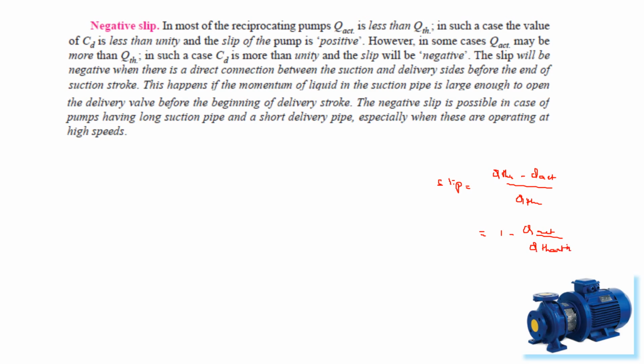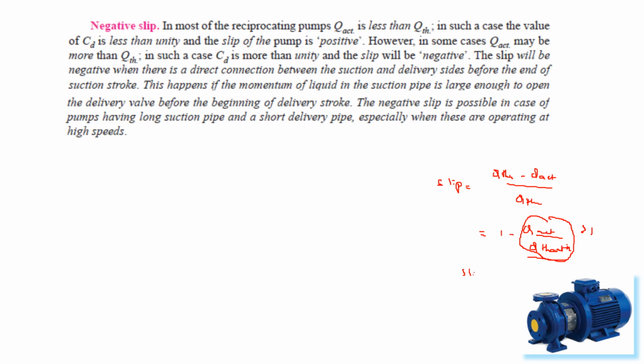So when the actual discharge is more than the theoretical, the CD value will be greater than 1 and the slip becomes negative.